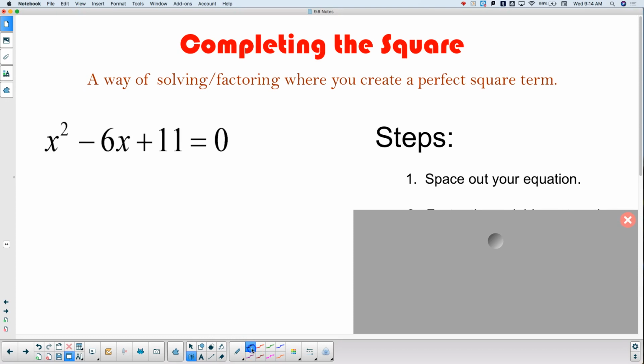You're going to start with the biggest termed exponent, so x squared. And you're going to immediately follow that with the next biggest exponent. Then you're going to create yourself a space. And you're going to take the number and move it to the other side.